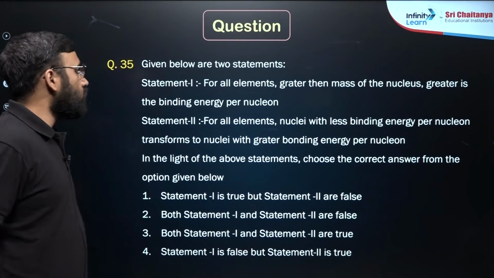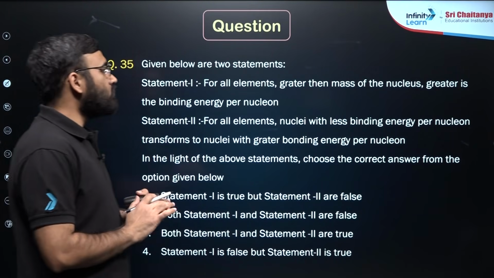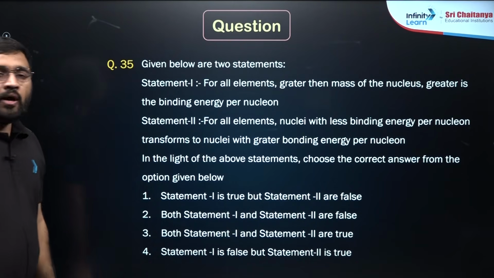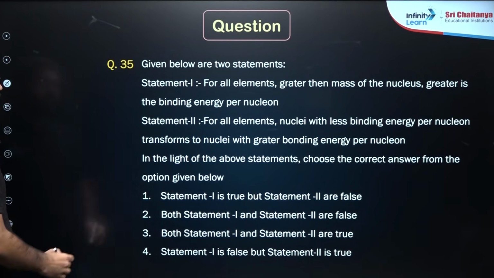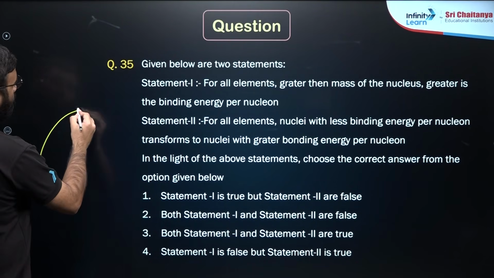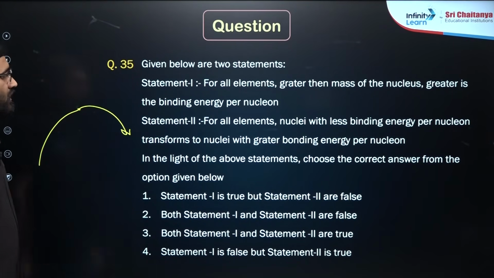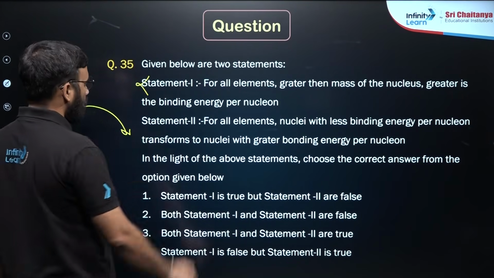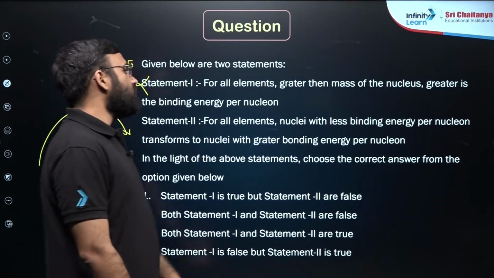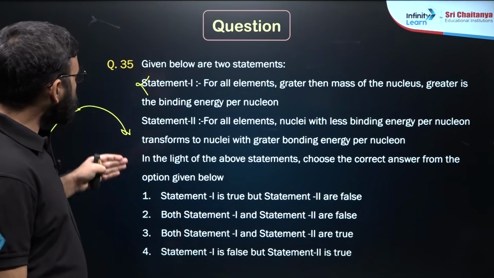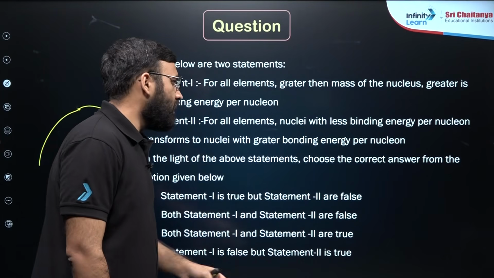So statement first, for all the elements greater than the mass of nuclei, greater is the binding energy per nucleon. No, first it will be increasing per nucleon binding energy up to 56, okay beta. After 56 it is decreasing with the mass number, so that's why first one is wrong. Second one, for all elements nuclei with less binding energy per nucleon transfer to nuclei with greater binding energy per nucleon.